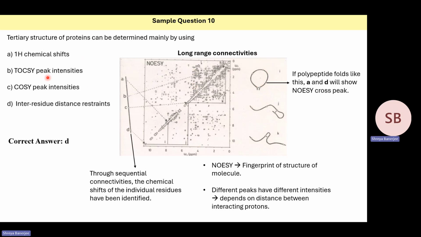NOESY gives you the inter-residue distance restraints. So the correct answer is D. That is, the distance restraints between residues found from NOESY help you find the tertiary structure of proteins.